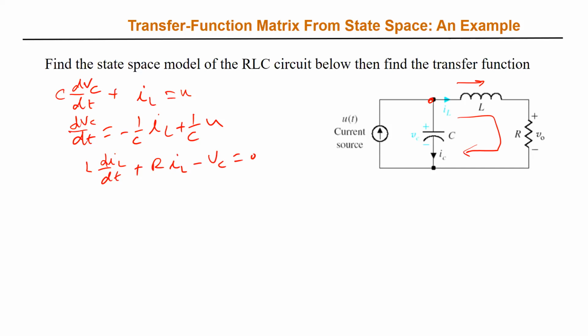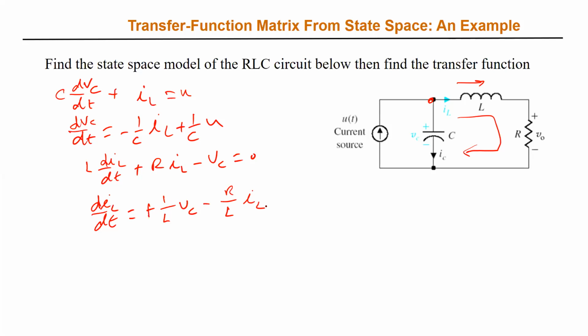Any question here? Which means dIL/dt equals plus 1 over L times VC minus R over L times IL.